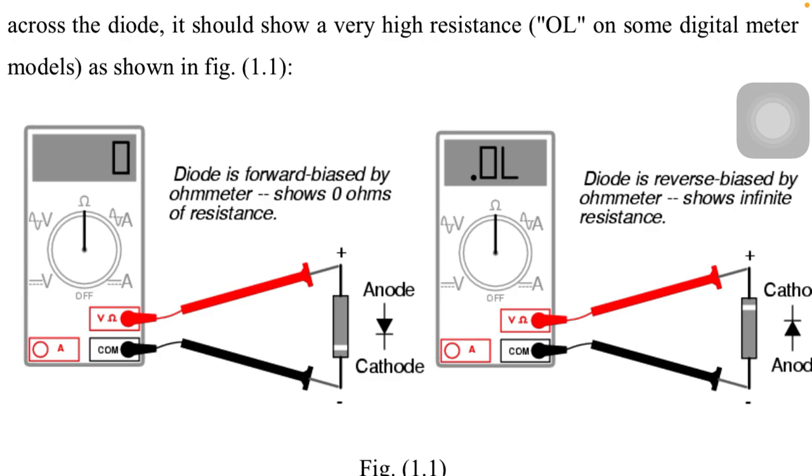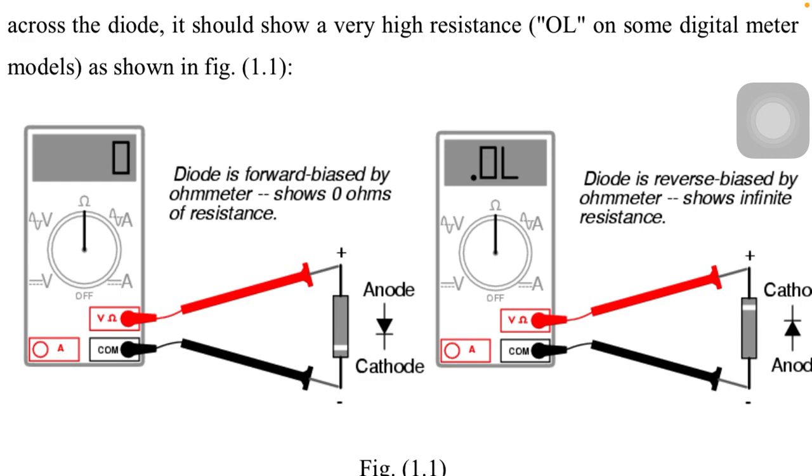When you connect your diode to a tester, a multimeter, it should give you a reading. The reading is either infinity, that means nothing is passing, or it gives you 0, as if there is no resistance, or the resistance will be very low.